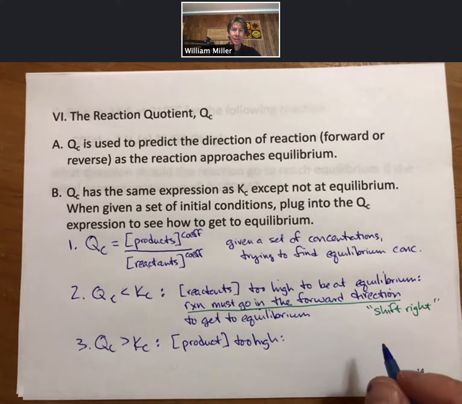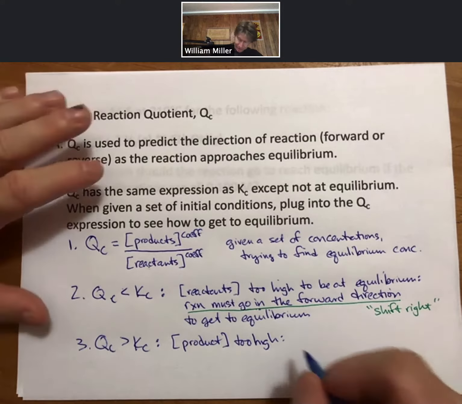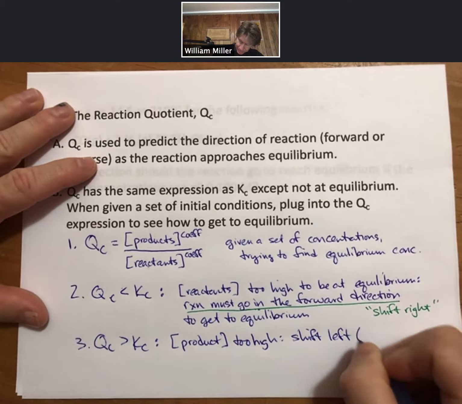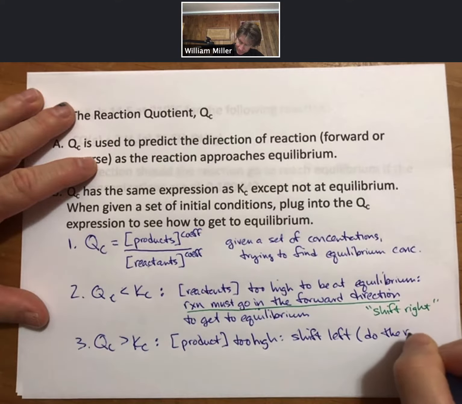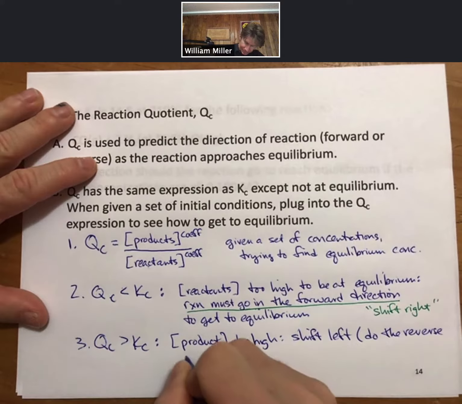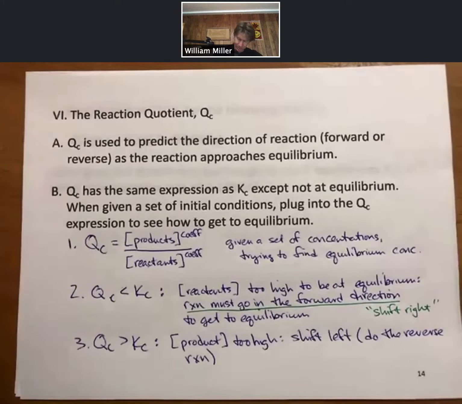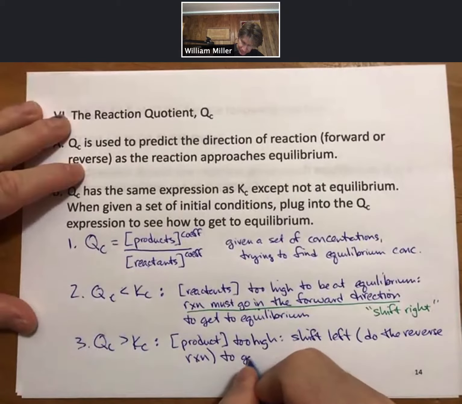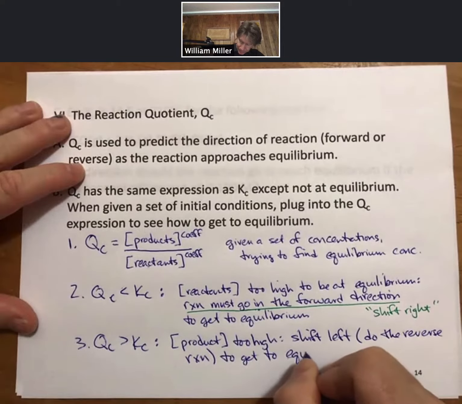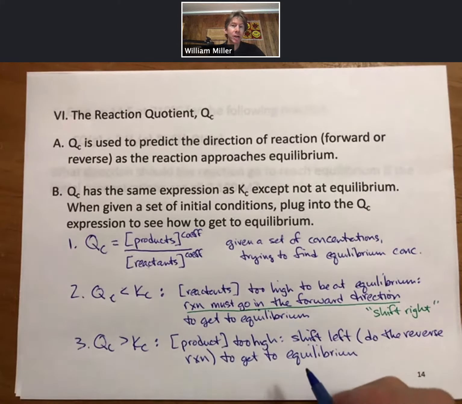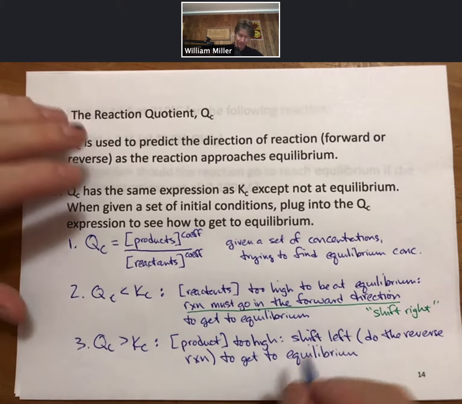Shift left, or do the reverse reaction. Sometimes we just say that, but the idea is that we're always doing the reaction to get to equilibrium, because that is how reactions always go. They are always working to get to equilibrium.